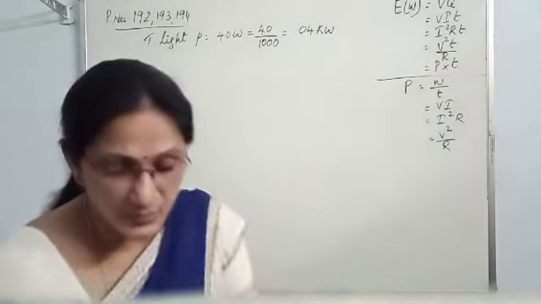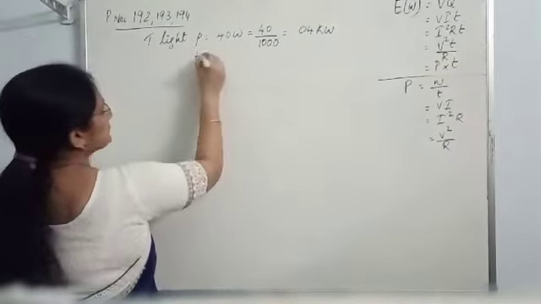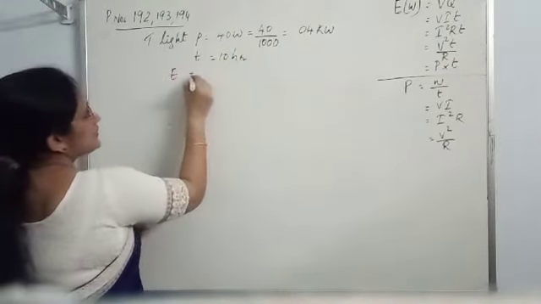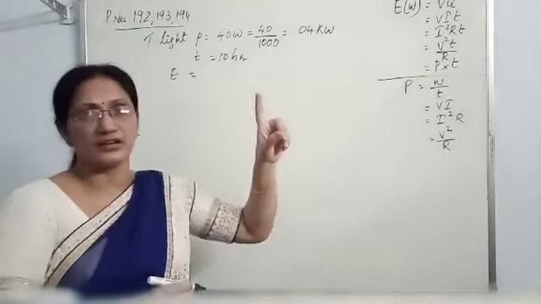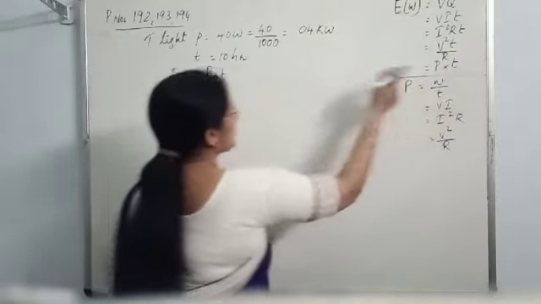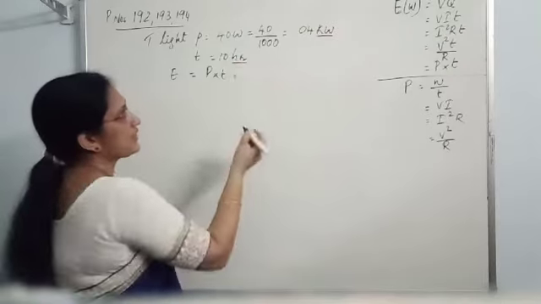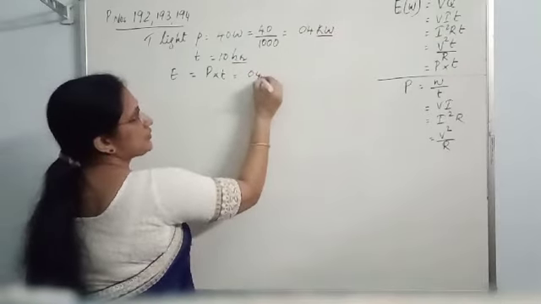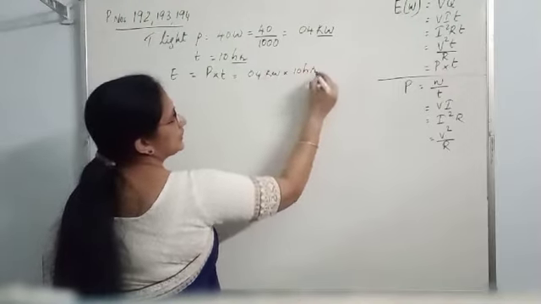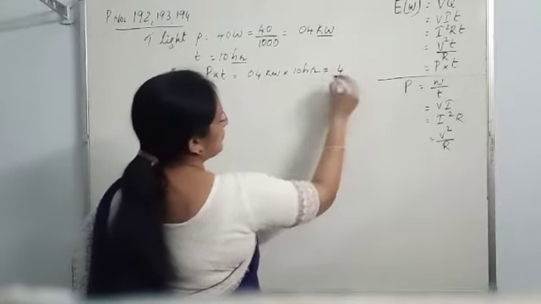And its working time is 10 hours. So what is the energy consumed by this tube light for a day? Energy is equal to power into time. Power we have already written in kilowatt, time is in hour. So power is 0.04 kilowatt into time is 10 hour. When you multiply you will get 0.4.